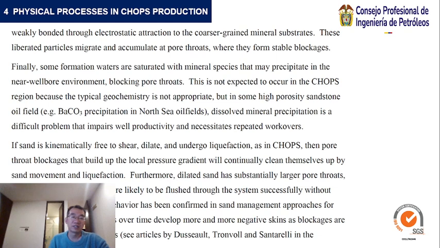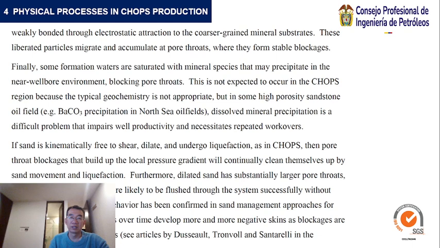If sand is kinetically free to shear, dilate and undergo liquefaction as in CHOPS, then any blockage that builds up the local pressure gradient will continually clean itself up by sand movements and liquefaction.